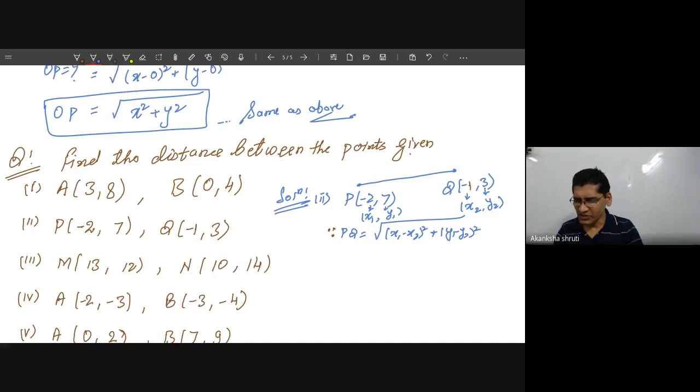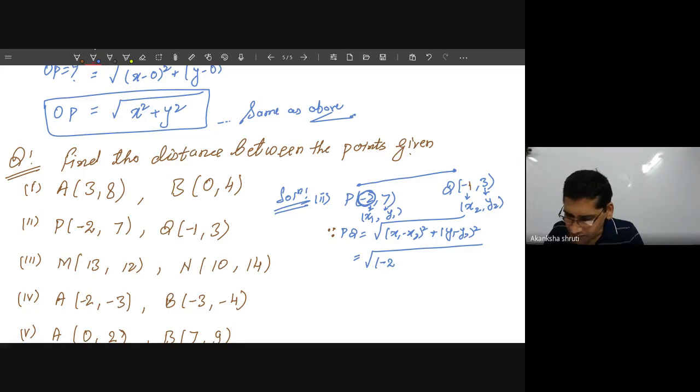Now we are going to substitute. If you want to separate x1, x2, y1, y2, you can separate them. Otherwise, you can directly substitute. x1 is our -2, so minus of 2 you have to substitute, along with this negative sign.